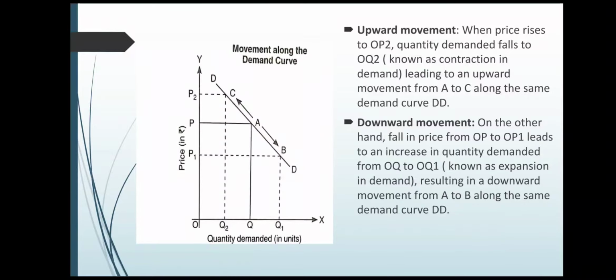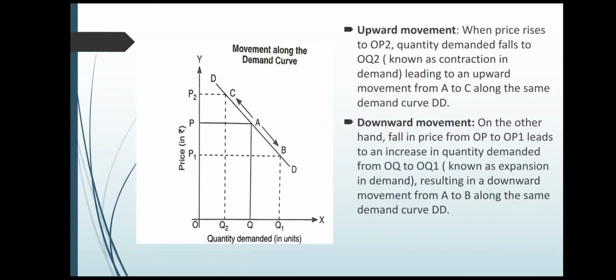As a result, the demand curve shows an upward movement from point A to point C. Okay, and the demand curve over here is denoted by DD. Double D is there.